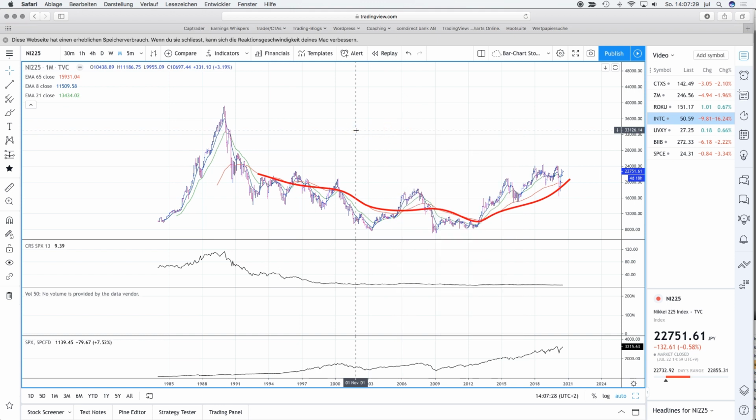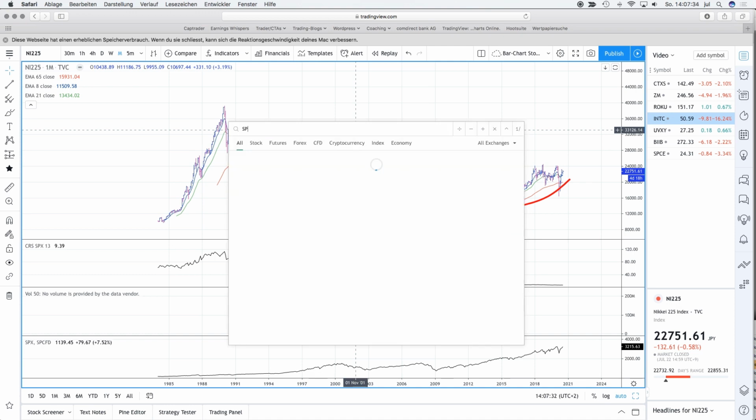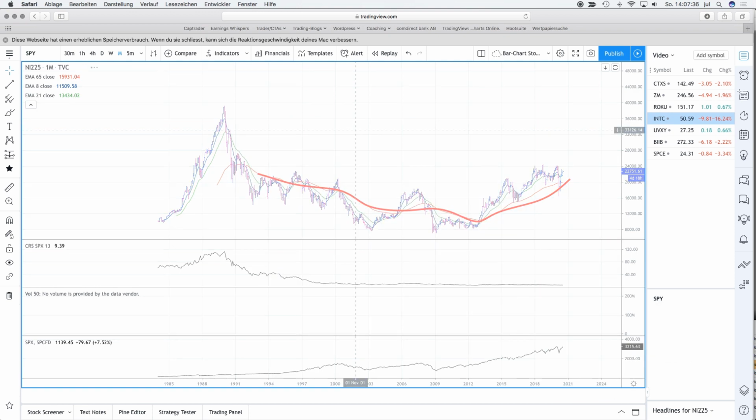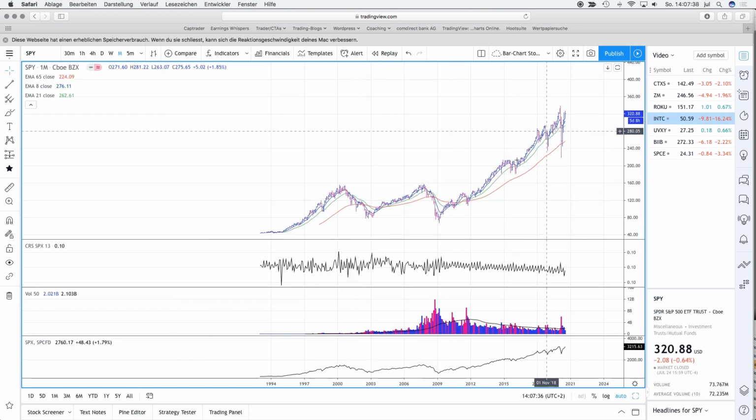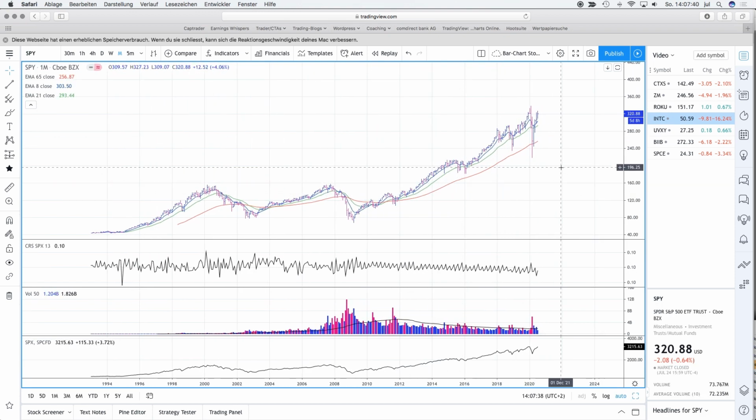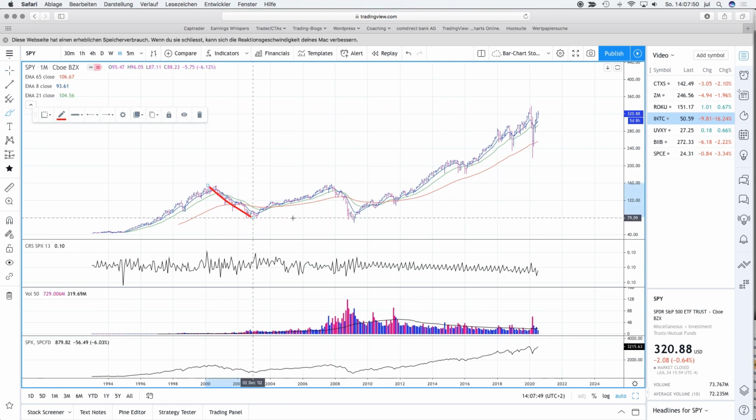And don't make a mistake, if you also look at say the S&P 500, which went up very nicely in the last years, it could be that you will have a similar situation as in the Nikkei, also in US indices. And you must also see that the S&P 500 had some very, very serious drawdowns here.